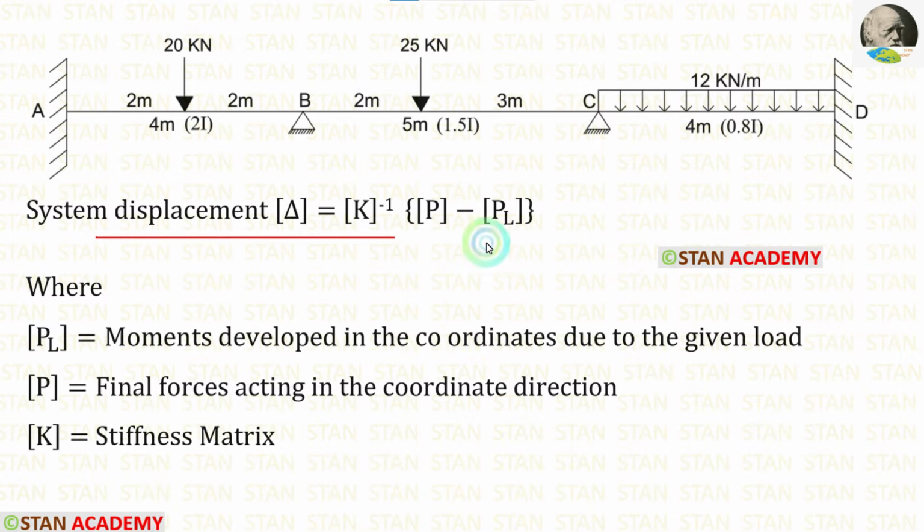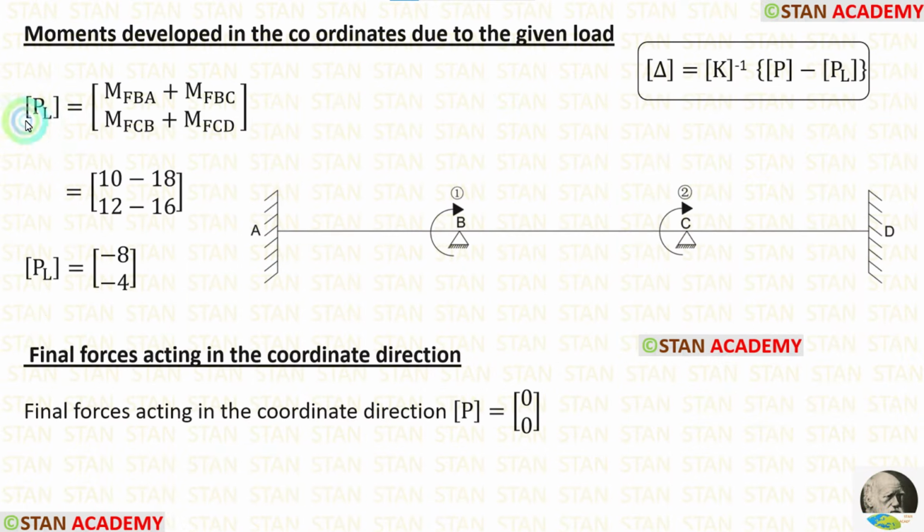In this formula, first let us calculate PL matrix. We know that PL matrix is the moments developed in the coordinates due to the given load. In this analysis, we are having two coordinates, in the point B and in the point C. In the point B, we have calculated two fixed end moments, M of BA and M of BC.